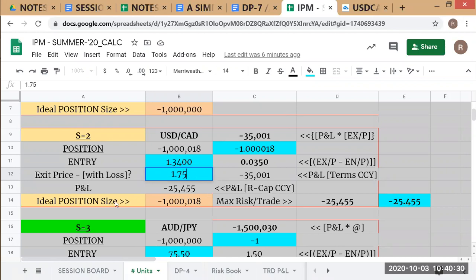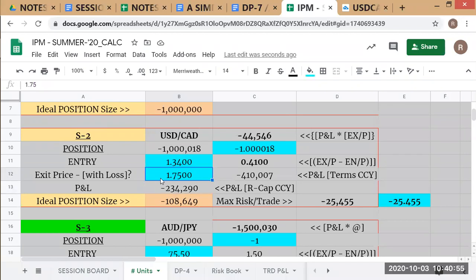See what happens to the 35K. It increased. Your loss is increasing from 35K to 410K, because your exit price is much further away from your entry price compared to the earlier scenario. Is this clear now?